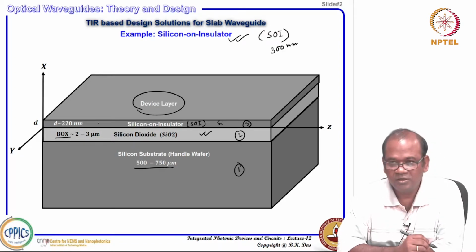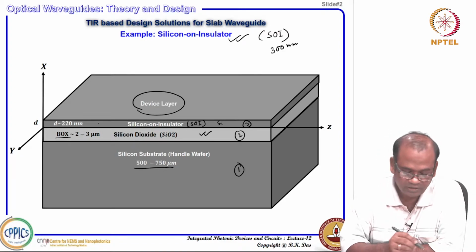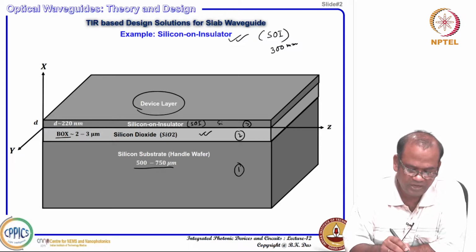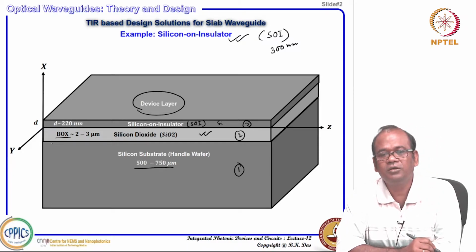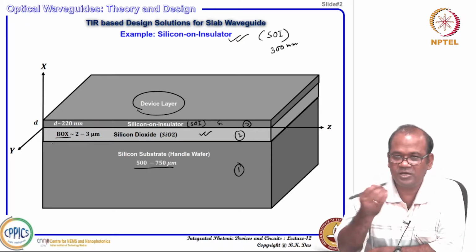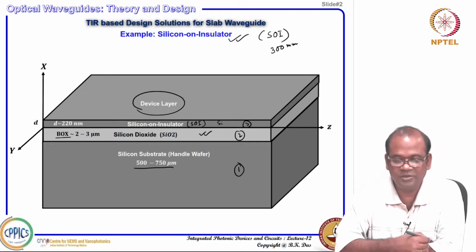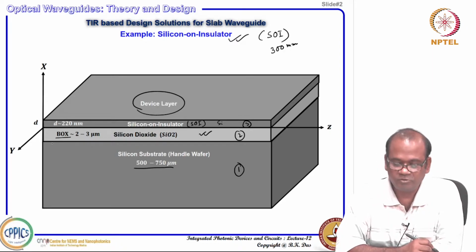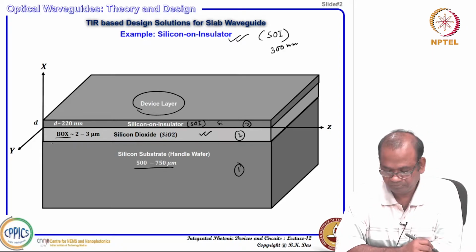Depending on your requirement you can control the thickness. Typically it is 220 nanometer, which is very popular in foundries nowadays for photonic integrated circuits, but it can be customized to 100 nanometer and can be thicker, 1 micron or 2 micrometer device layer.